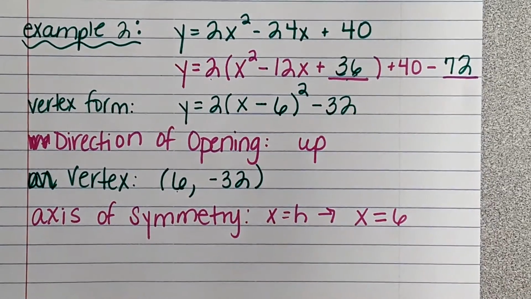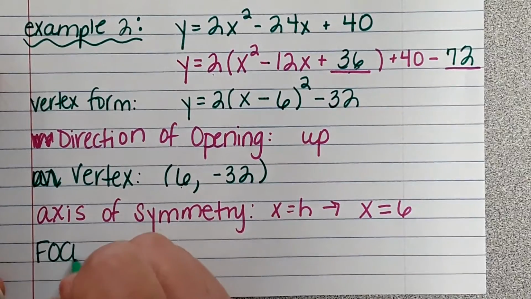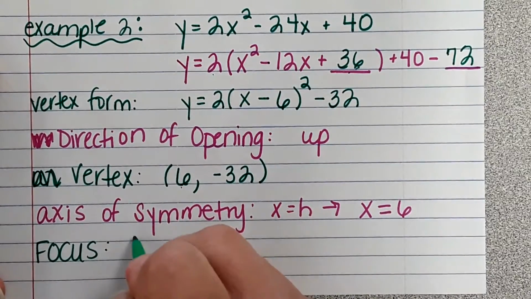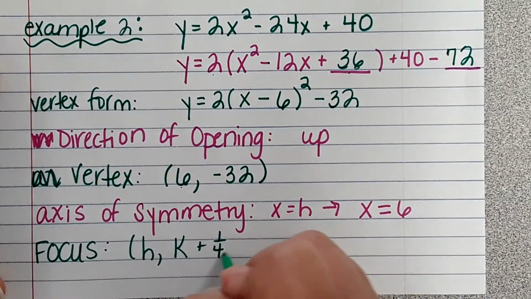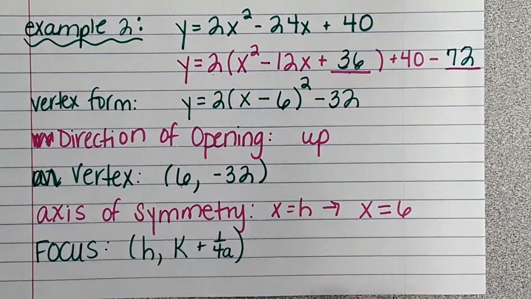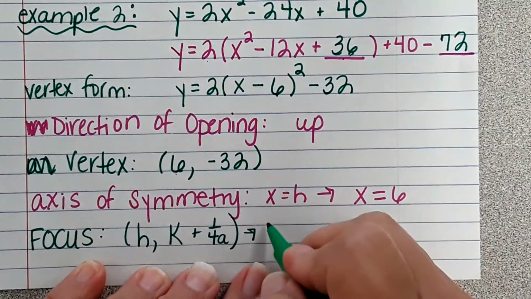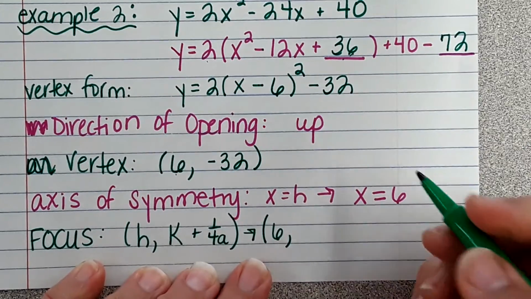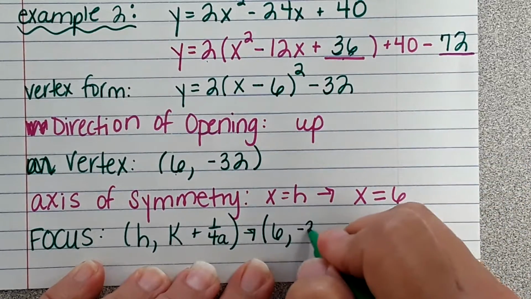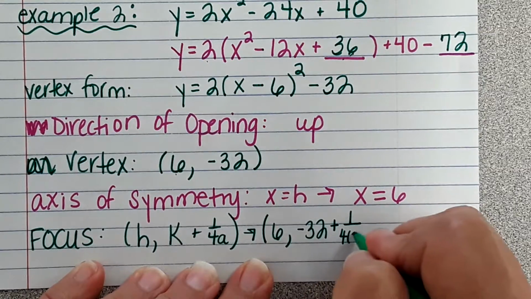You guys, your focus is going to have the same h, okay? So focus, no, it's not the grade book. It is a point that is near the vertex. So our h is 6. Our vertex is negative 32 plus 1 over 4 times 2.